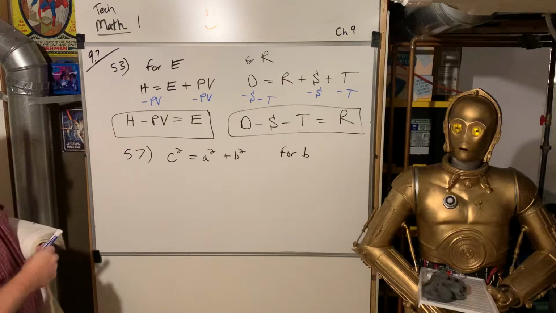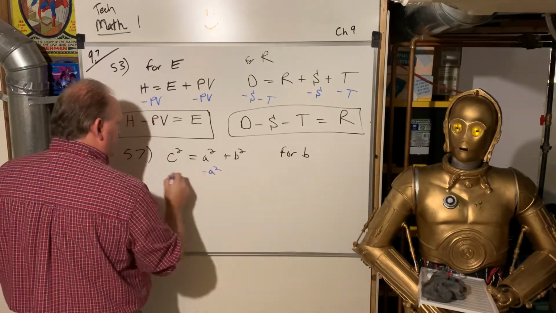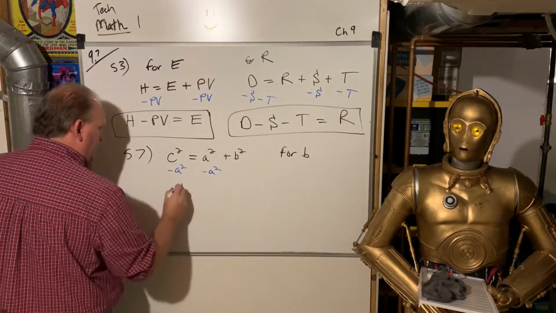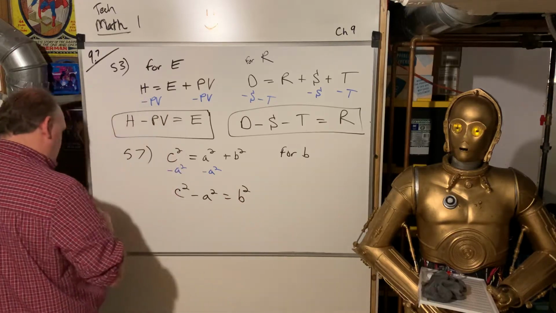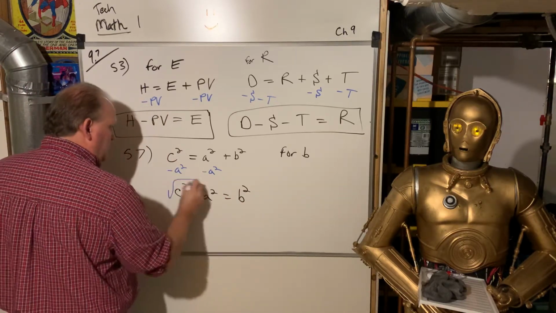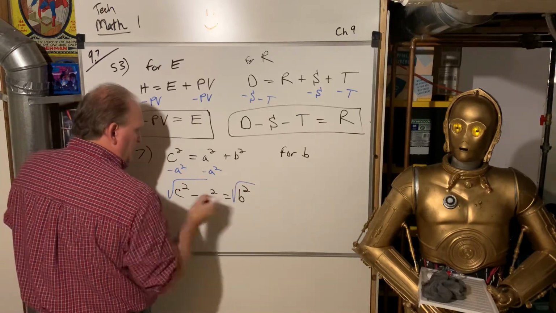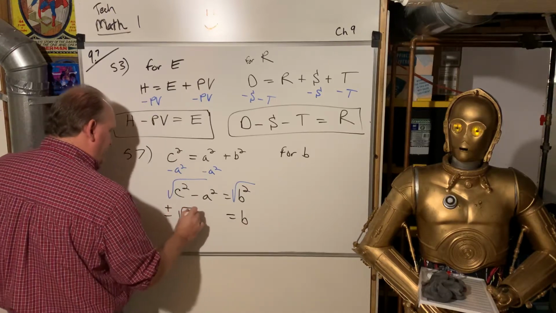All right, so we subtract a squared from both sides. So you get c squared minus a squared is equal to b squared. And then we take the square root of both sides. But again, because it's a second degree equation, we would have a plus or minus in front of that.